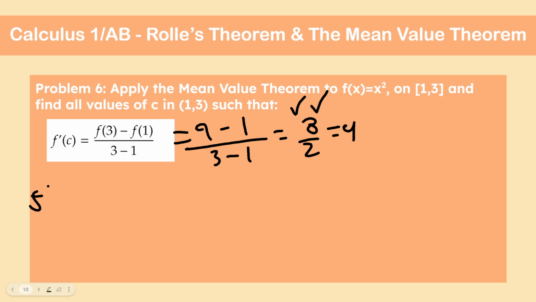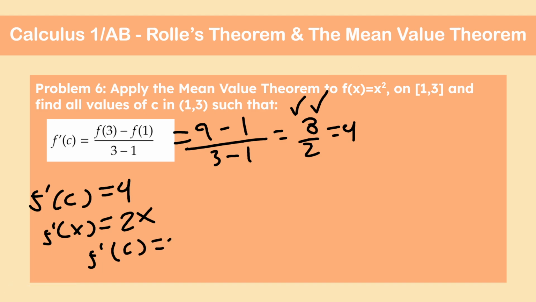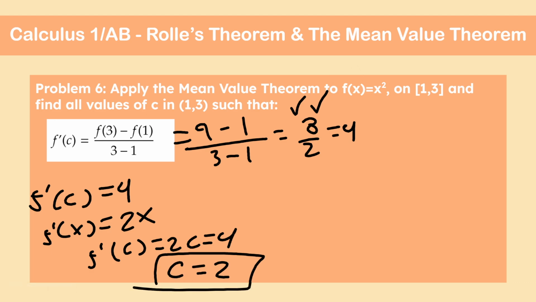So we need to find some value for c where the derivative is equal to 4. So we're going to take the derivative, and that's equal to 2x. So f'(c) is equal to 2c, which is equal to 4. So once we solve for c, we get that c is equal to 2.